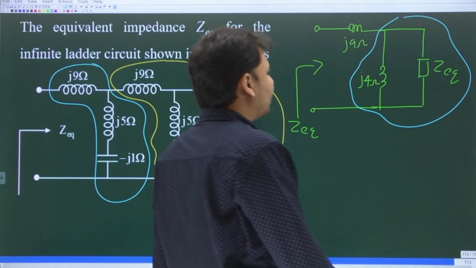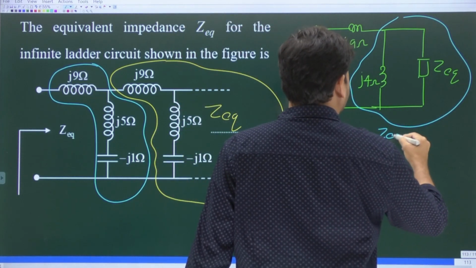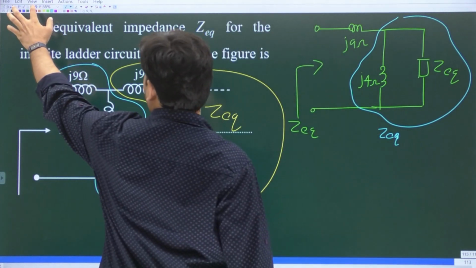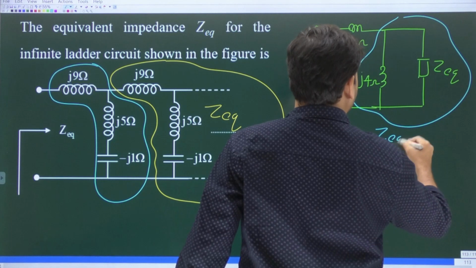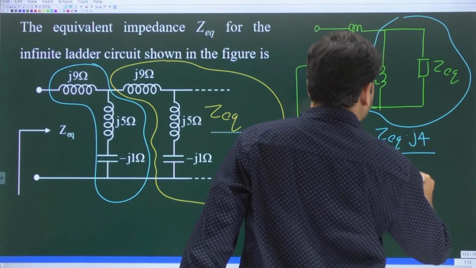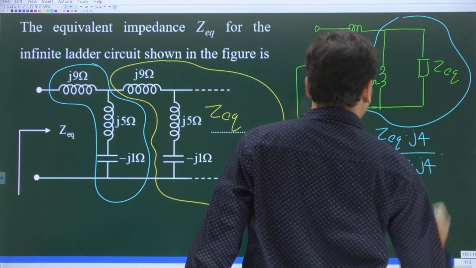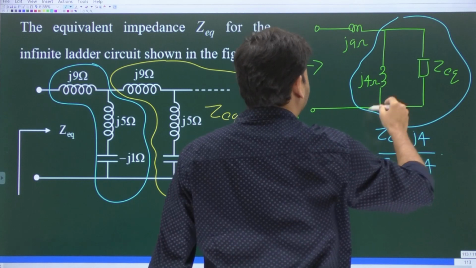Now, what is the impedance of this thing? Z equivalent, let me write it properly. Z equivalent times J4 upon Z equivalent plus J4. That is the equivalent impedance of this part of the network.